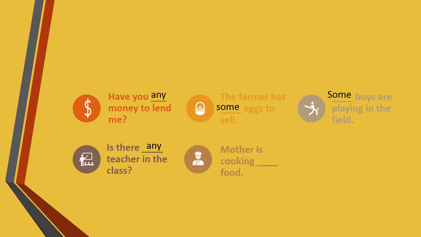Mother is cooking dash food. Mother is cooking some food. Joe doesn't have dash brother or sister. So what comes here? Any. Joe doesn't have any brother or sister.